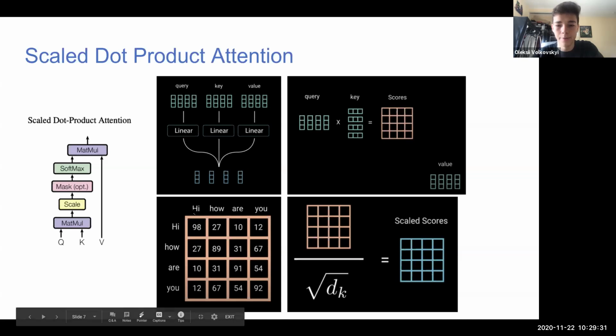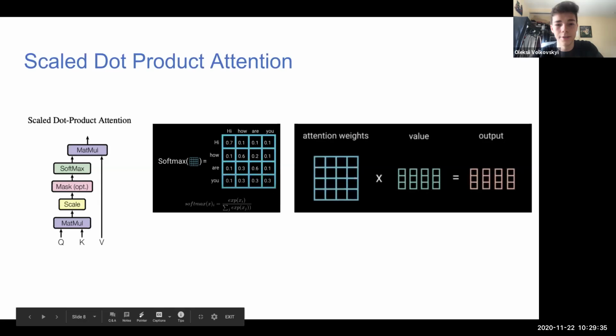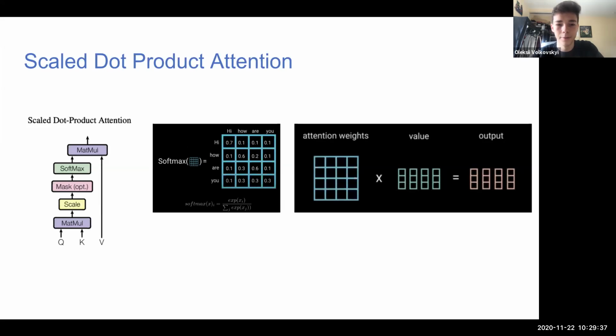So what we do is we scale it, and then take the softmax, which gives us that distribution that we want, where each row adds up to 1, and this matrix represents how much attention we want to give to the other words.